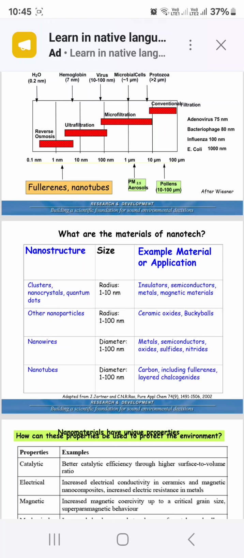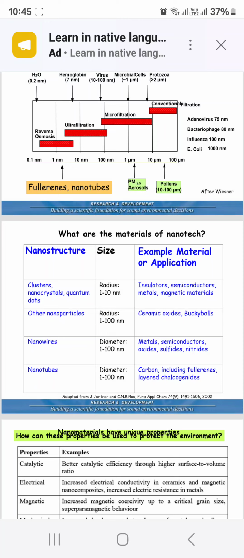These can be manipulated. What exactly is a nanomaterial doing? Nanomaterial means something which has a large surface area within a small volume, so it has an increased surface area to volume ratio.